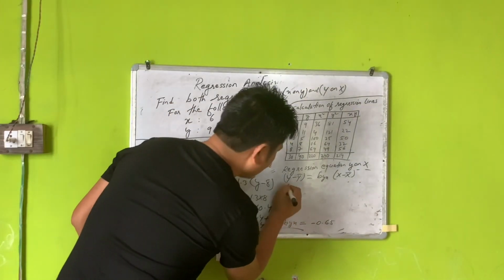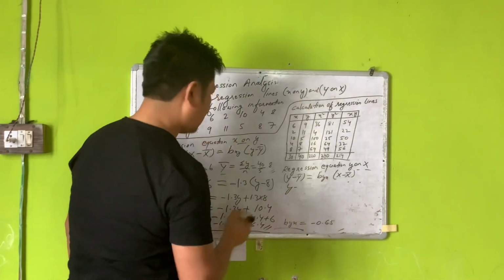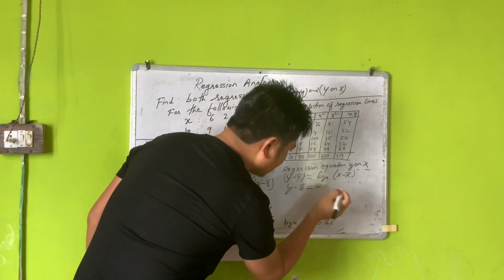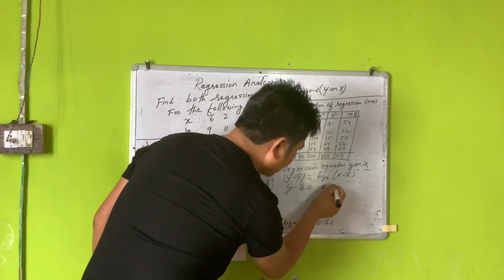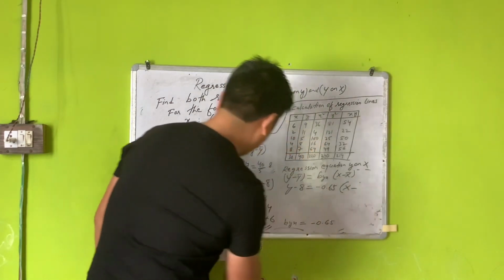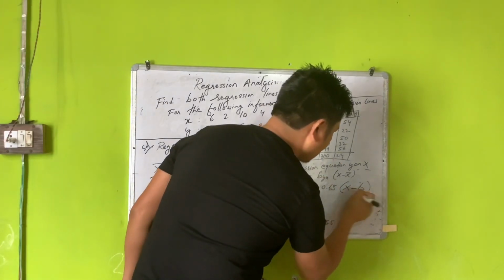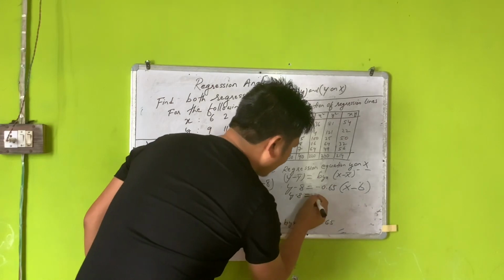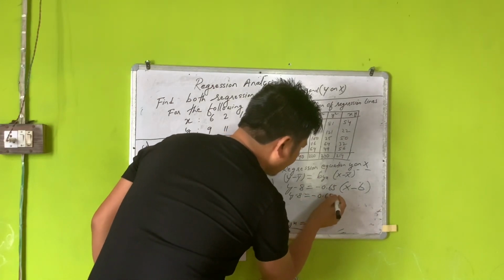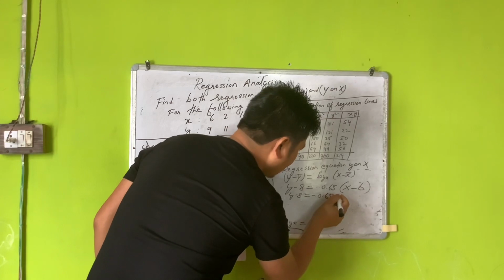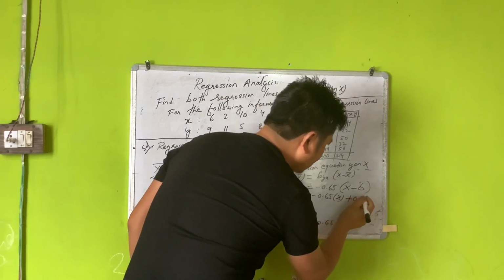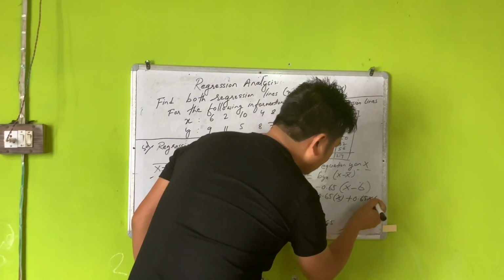So y minus y bar, which is 8, is equal to byx, which is minus 0.65, times x minus x bar, which is 6. So y minus 8 is equal to minus 0.65 into x minus, plus 0.65 into 6.